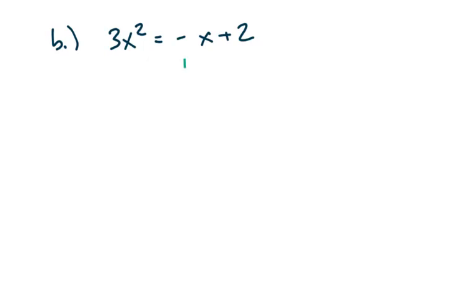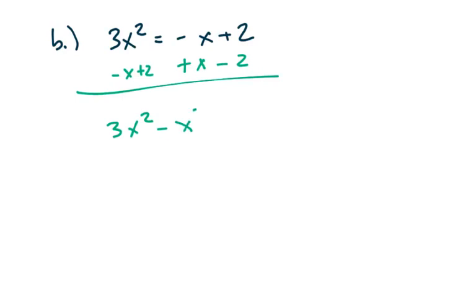Now we're going to do it together. So hopefully your instincts were to move both the x and the 2 to the other side. And this will give me 3x squared minus x plus 2 equals 0.